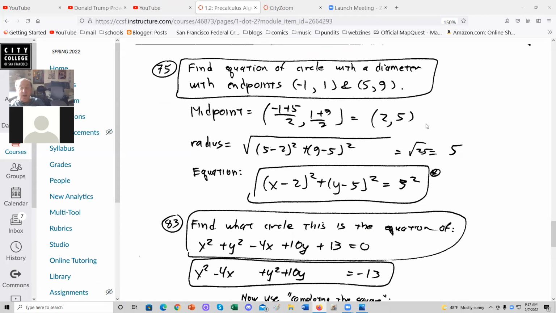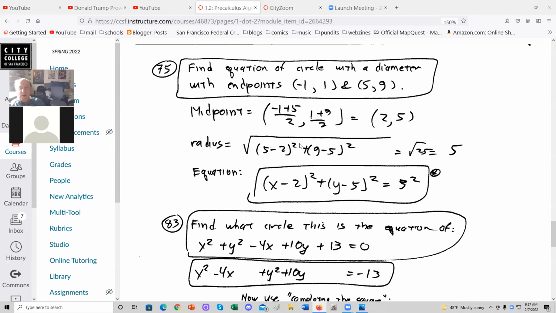Now for the radius, you have some choices. You can take the distance between the two endpoints and take half of that for the radius, or you can take the distance from -1 by 1 to 2 by 5, and that's the radius, or 5 by 9 to 2 by 5, and that's the radius. All three should do. Let's do 5 by 9 to 2 by 5.